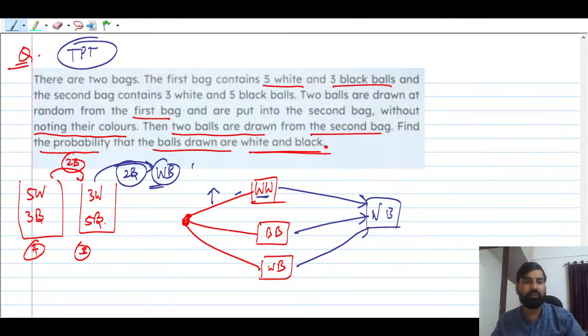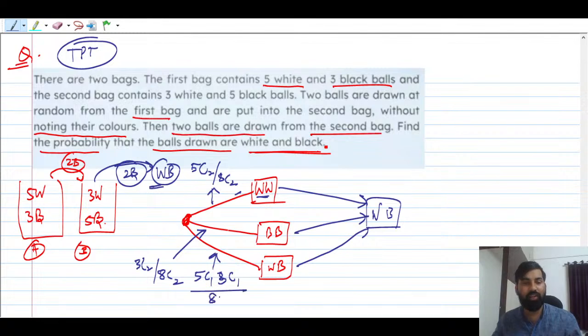So selection, how you do selection, 5C2 by 8C2. For two blacks it is going to be 3C2 by 8C2, and then one white, one black, 5C1 into 3C1 upon 8C2.